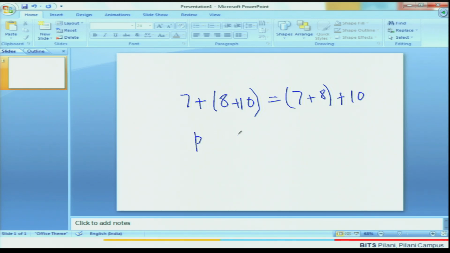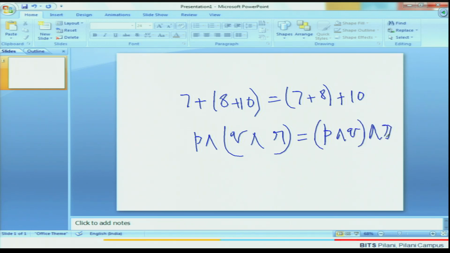If you have 3 propositions called P, Q, R, then (P and Q) and R will be the same as P and (Q and R). Basically the meaning will not change. Hence they also satisfy the associative property like addition. So both your AND operator and OR operator satisfy both commutative and associative laws.